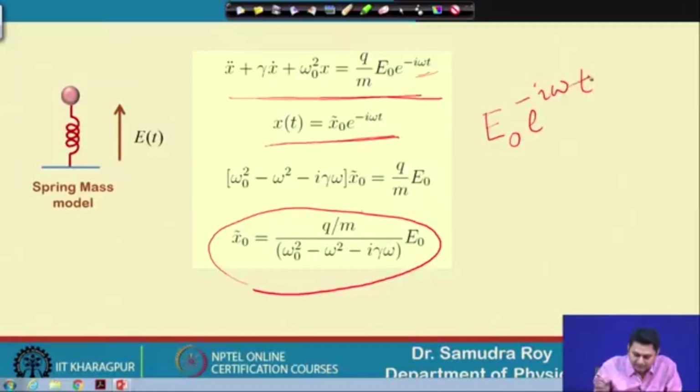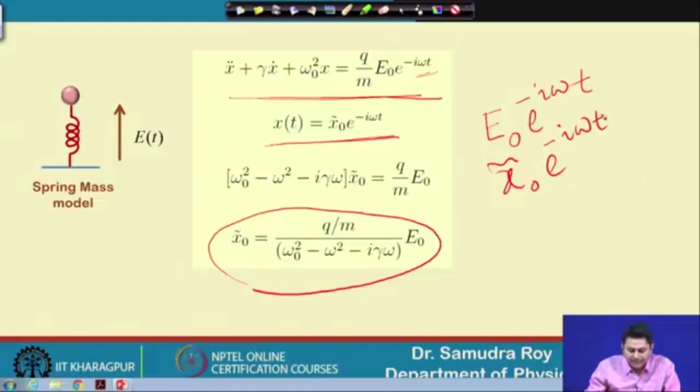So, I want to find the displacement in the same form, which in this case is x 0 tilde e to the power of minus i omega t. This is the form of the solution I want to figure out. X 0 is the peak separation, or the peak value of the displacement, because the displacement changes as a function of time. So, it is vibrating all the time.